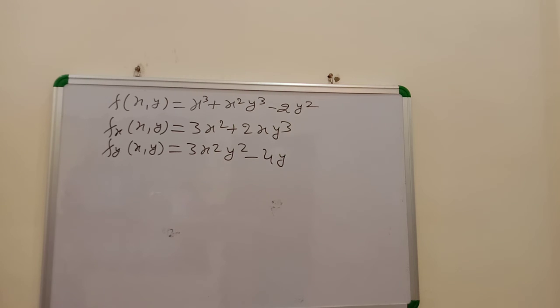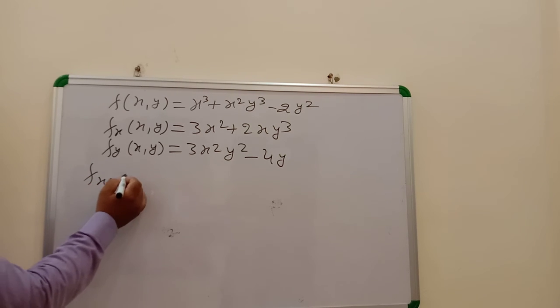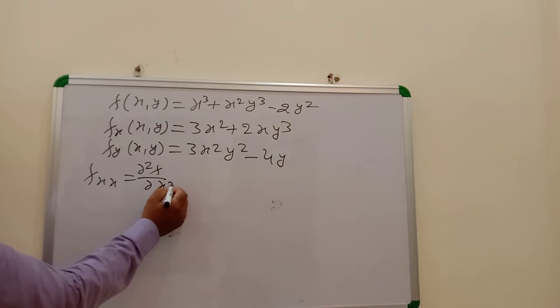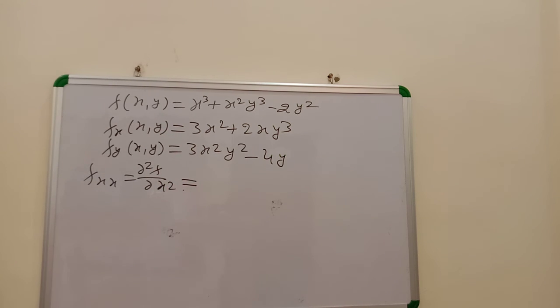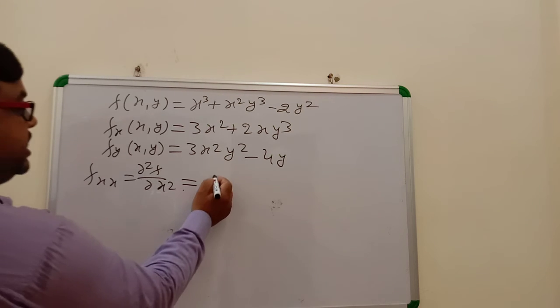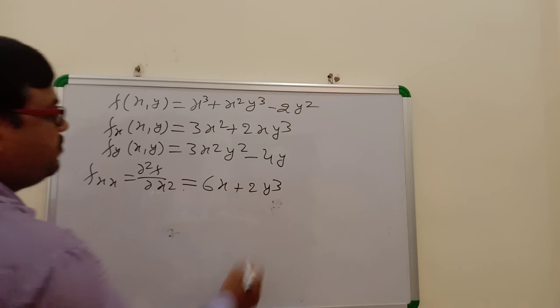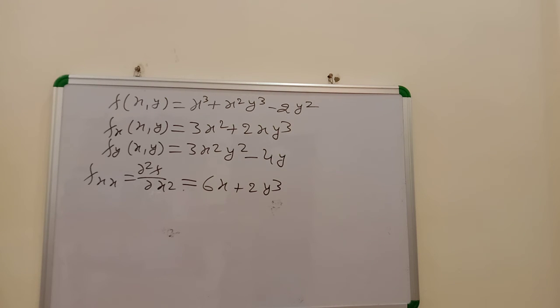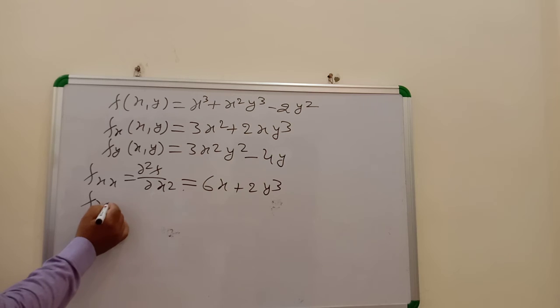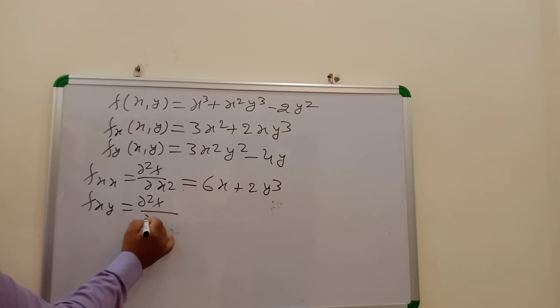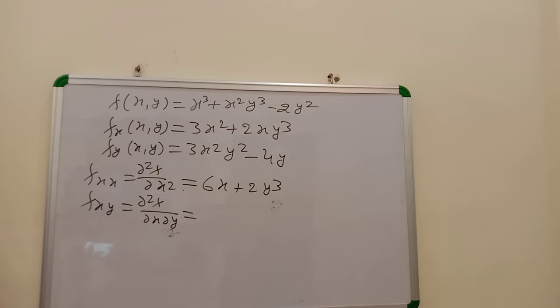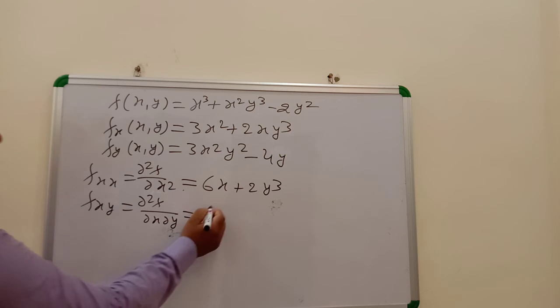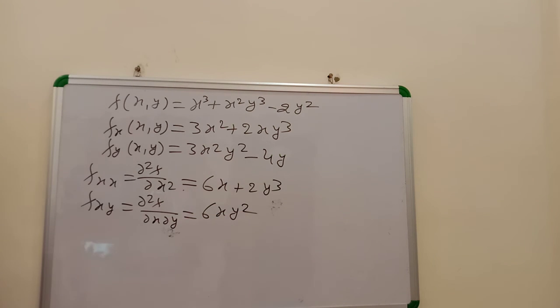Hence, to find fxx, that is del 2f over del x square, we again differentiate this with respect to x, and this is equal to 6x plus 2y cube. Similarly, to find fxy, that is del 2f over del x del y, we differentiate with respect to y, and this is equal to 6xy square.